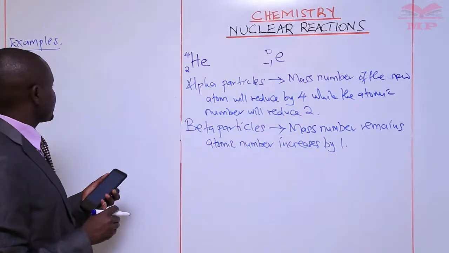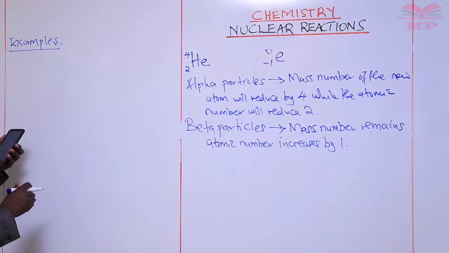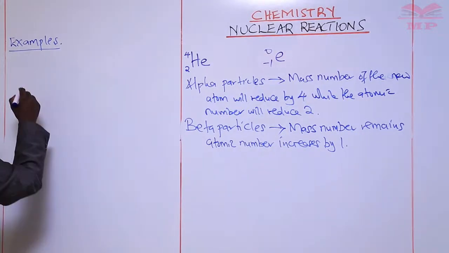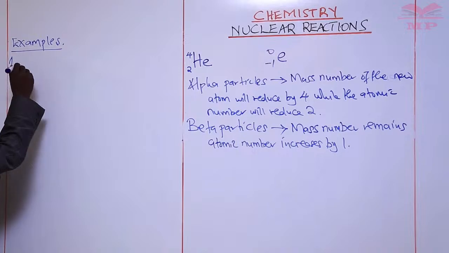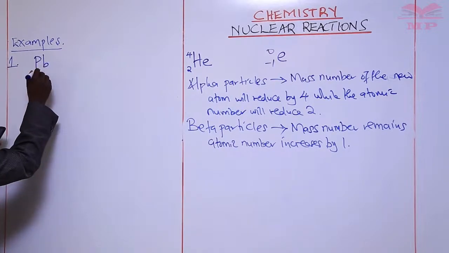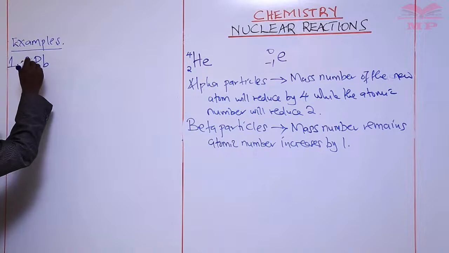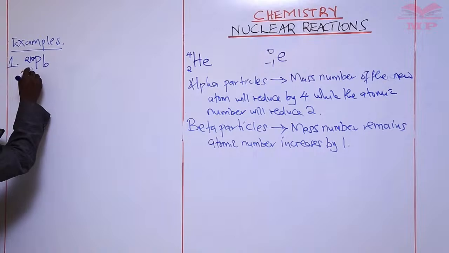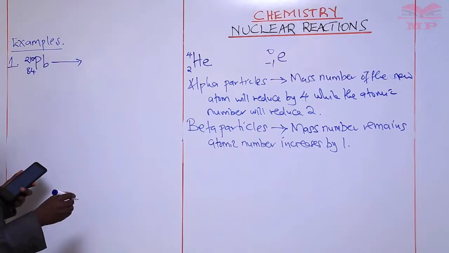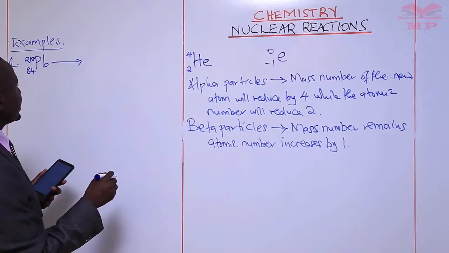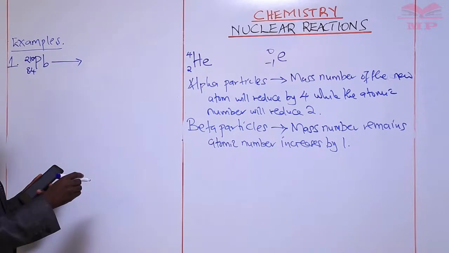So let us look at this example here. We have a particle of lead whose mass number is 210 and atomic number 84, which decays by emitting, not beta really, but an alpha particle.